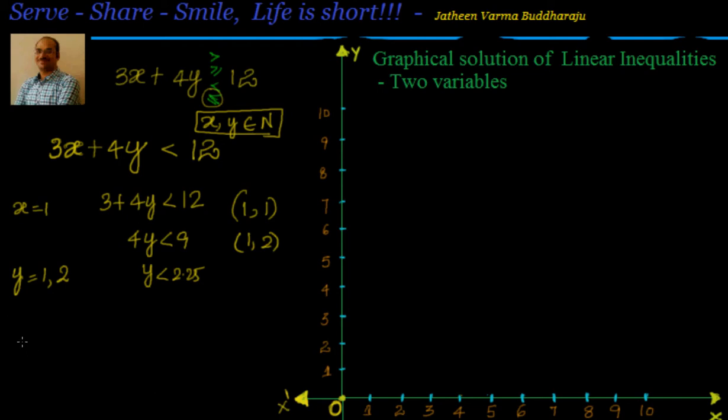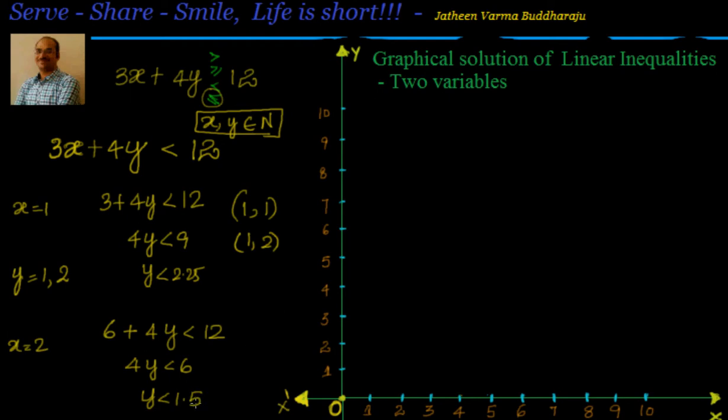Similarly, let us take x equal to 2. Then I will have 6, because 3 into 2 is 6, plus 4y less than 12. That is 4y less than 6, or y less than 1.5.